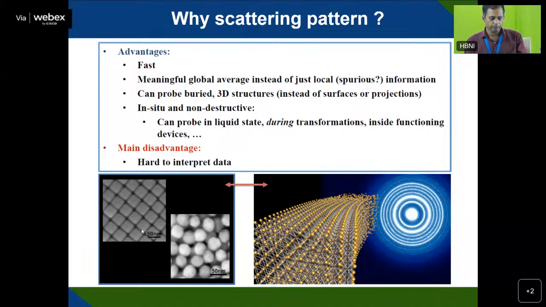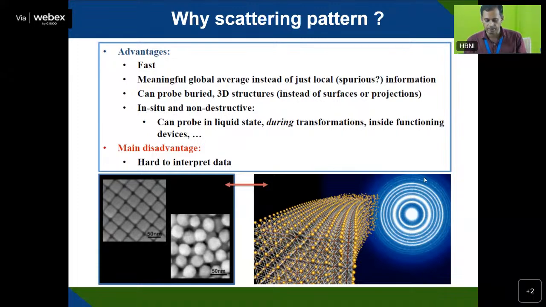In comparison to microscopy, the scattering technique is quite fast. In microscopy, you see only a particular small area, so you get local information: how the particles are arranged and how they are distributed in that area. But in SANS or SAXS, you get a global average instead of local information.